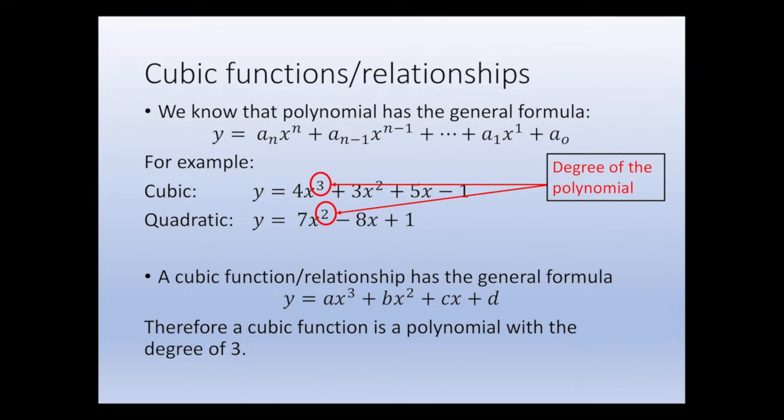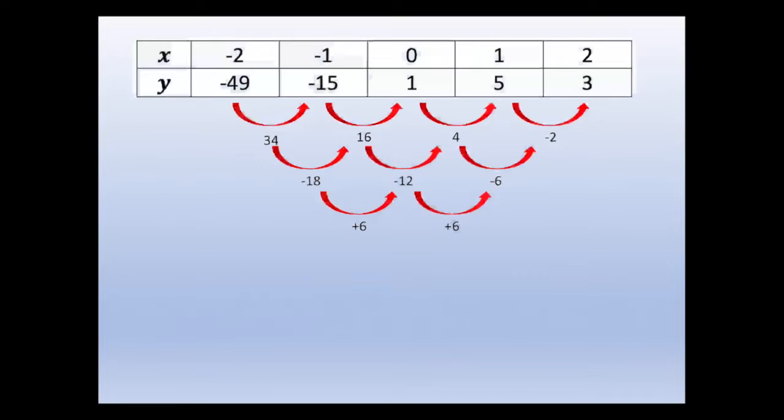For a cubic, the highest degree of the polynomial is a cube, and for a quadratic, the highest degree of a polynomial is a square. And we know that the cubic function or relationship has the general form of y equals ax cubed plus bx squared plus cx plus d.